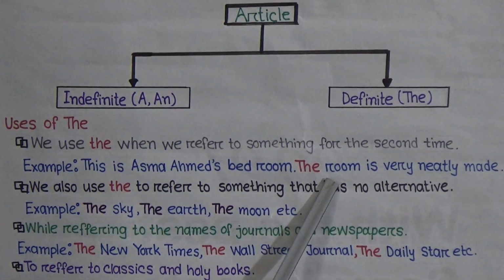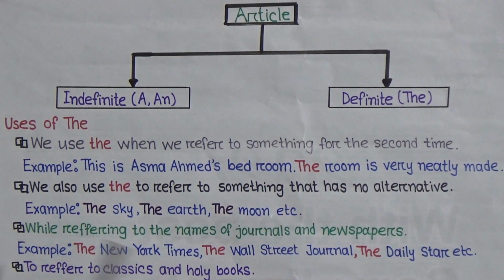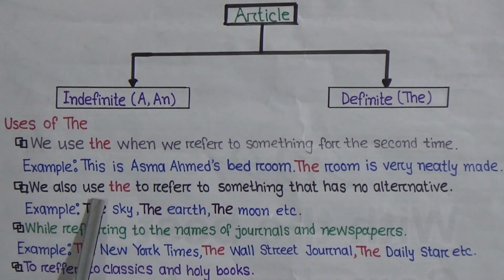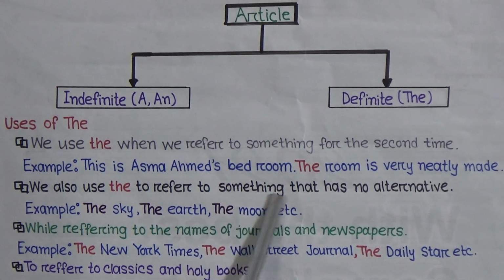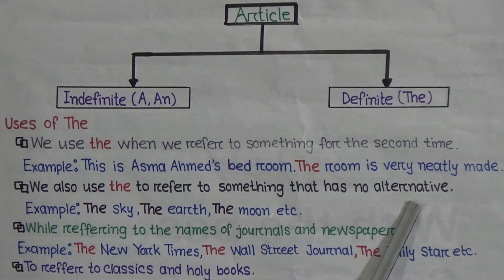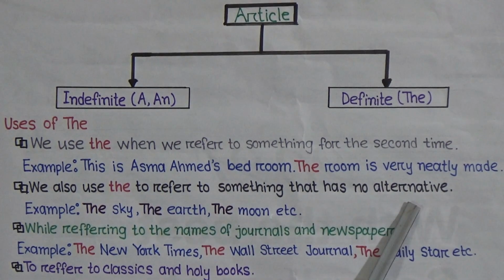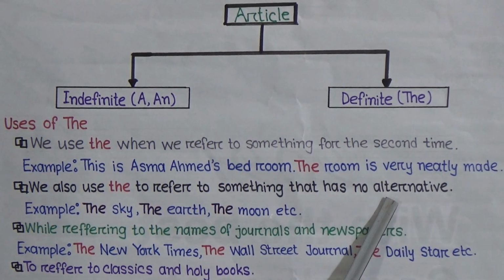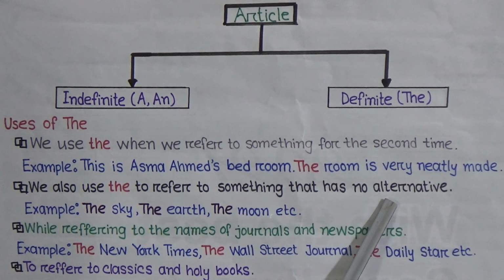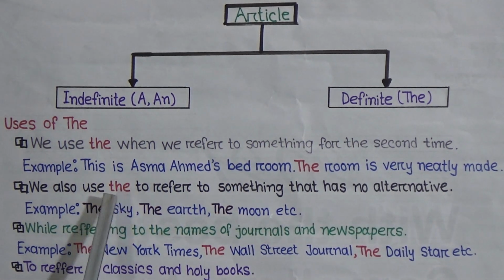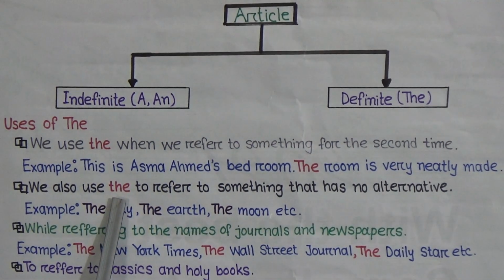It is specific. Number 2, we also use the to refer to something that has no alternative. We know such things that have no alternative, and if we find such words or things, we have to use the before those words.